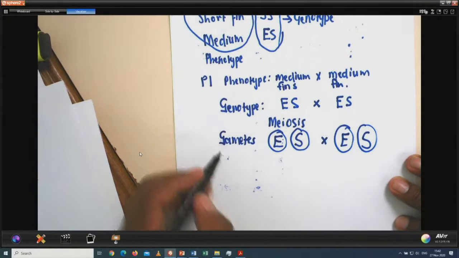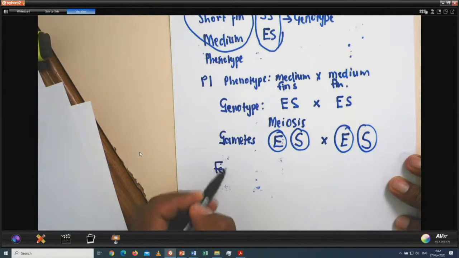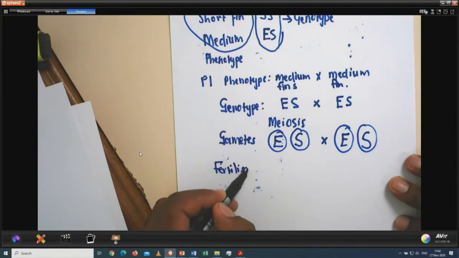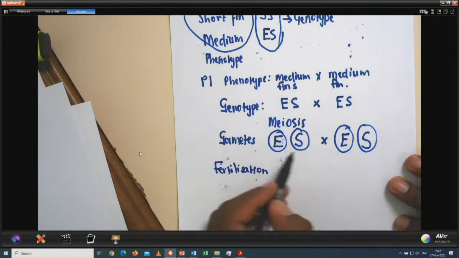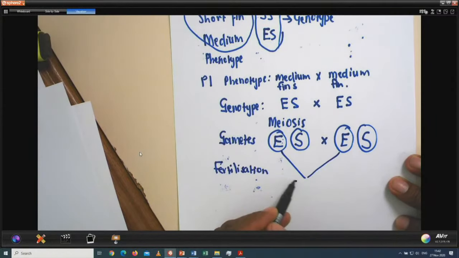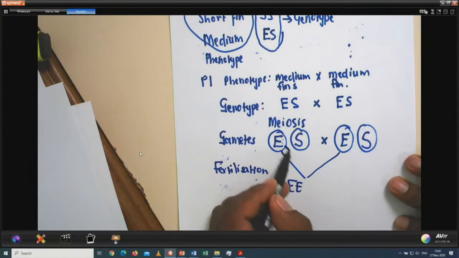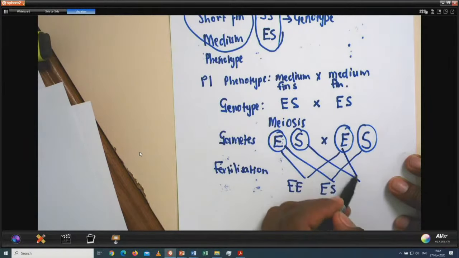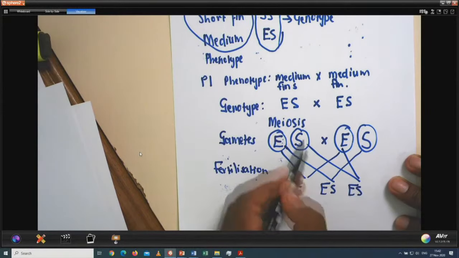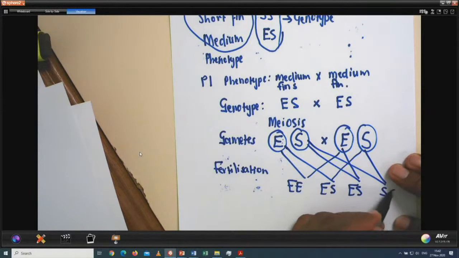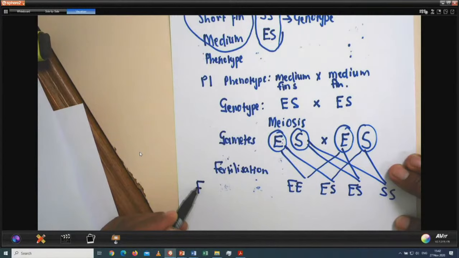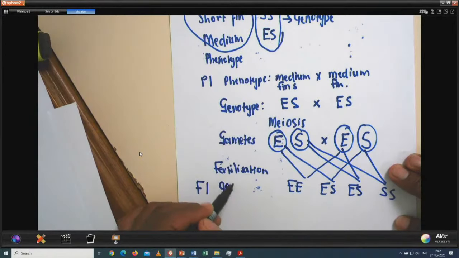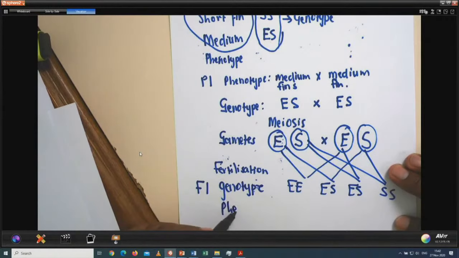And now during fertilization, E will cross with E, then E and S, E and S, and then S and S. These are our F1 generation genotypes, and we need to determine the phenotypes.